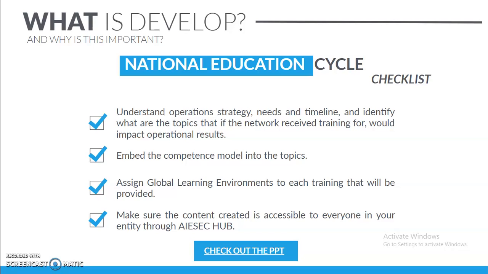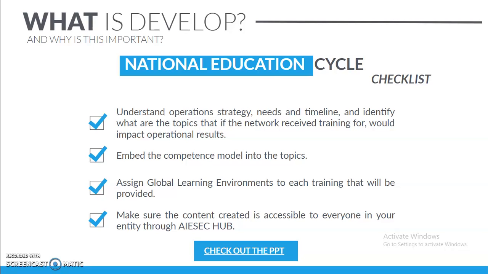Then we always need to think about the competence model and the core competences that I was presenting to you previously in the blue code, and make sure that we have content and that we nurture those specific competences in our members. And then education needs to happen according to specific global learning environments. So if you don't have access to this kind of information, please let me know so I can show it to you.